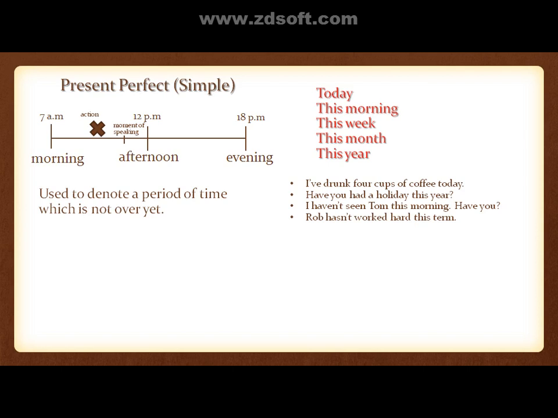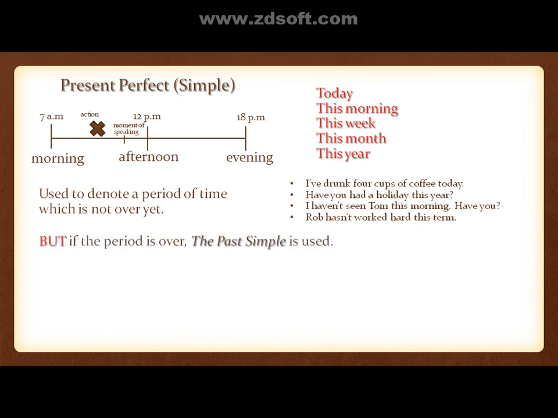Today is not over yet, so we use the present perfect simple tense. Have you had a holiday this year? This year is a period of time that is not over yet. I haven't seen Tom this morning. Rob hasn't worked hard this term.